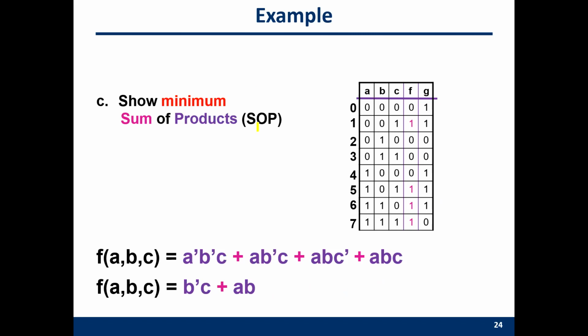After we have the canonical form, the sum of products, we can try to apply the laws to simplify this equation. Eventually, we can simplify f into b bar c and ab.